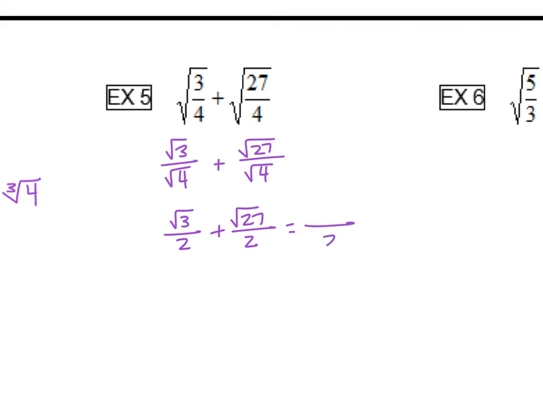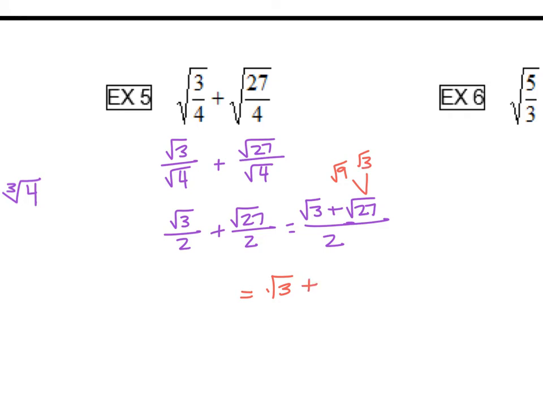a common denominator of 2. So we can go ahead and add the numerators, although they're not like terms, but maybe they will be when we simplify. So that's our answer, but let's see if we can do any simplifying up here. So the square root of 3 can't be broken down, so that's going to stay. But the square root of 27 is the square root of 9 times the square root of 3.